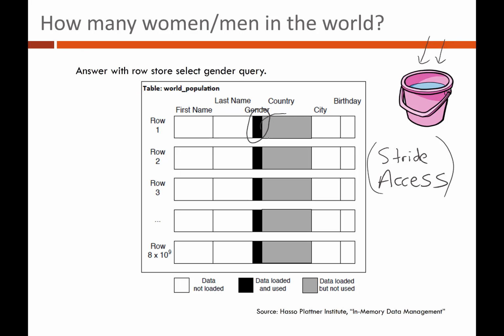So it winds up grabbing the country field too, even though you didn't ask for it. Then it goes to the second record, sticks its bucket in and pulls this back, and then at the end of the process, it's going to throw away a lot of data that it retrieved because of the way this actually works in the data handling architecture.